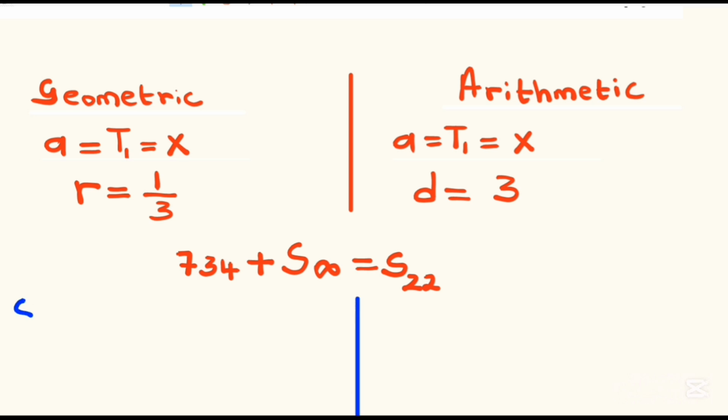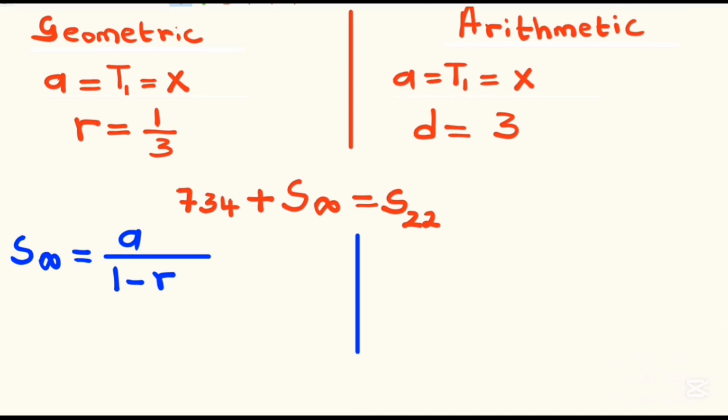The sum to infinity is defined as a divided by 1 minus r, where the first term we denoted with the letter x, and this is divided by 1 minus r, and our r is equal to 1 divided by 3.